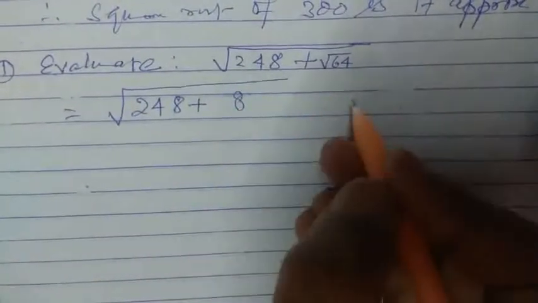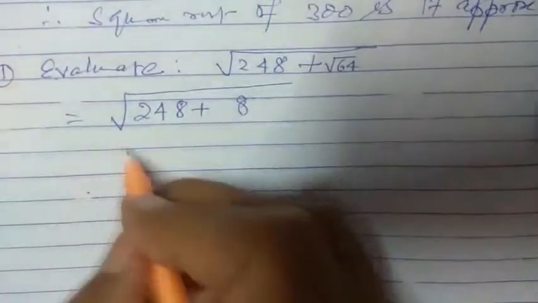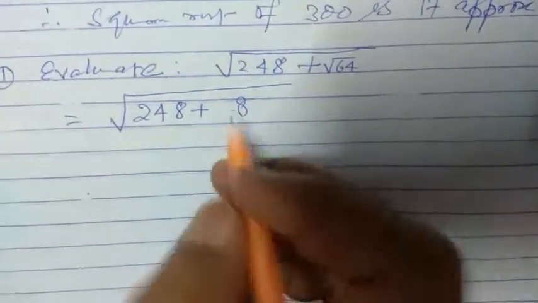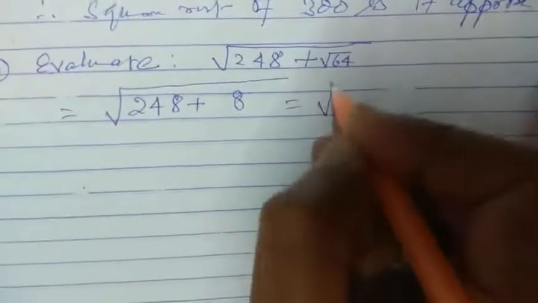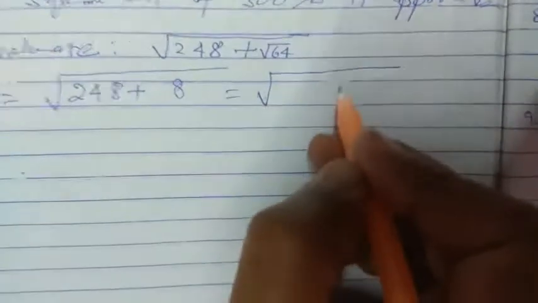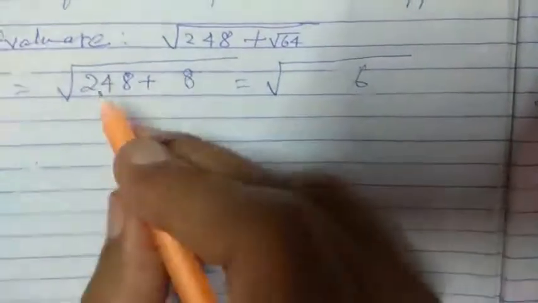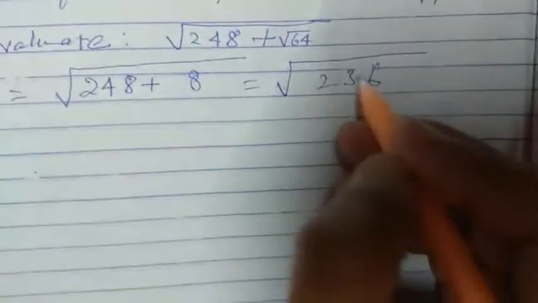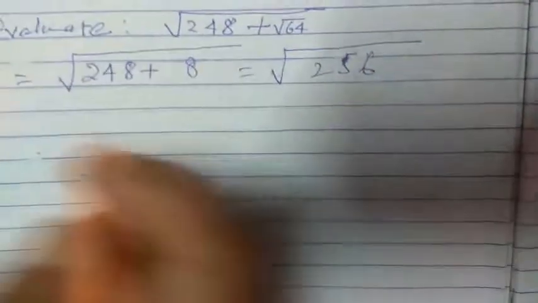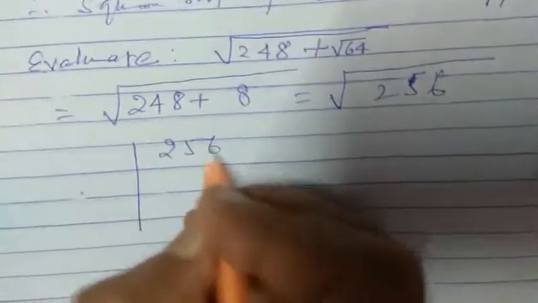8 8s are 64. So you write here 8, and after adding 8 you get 256, and the square root of 256 using the division method you can calculate like this.